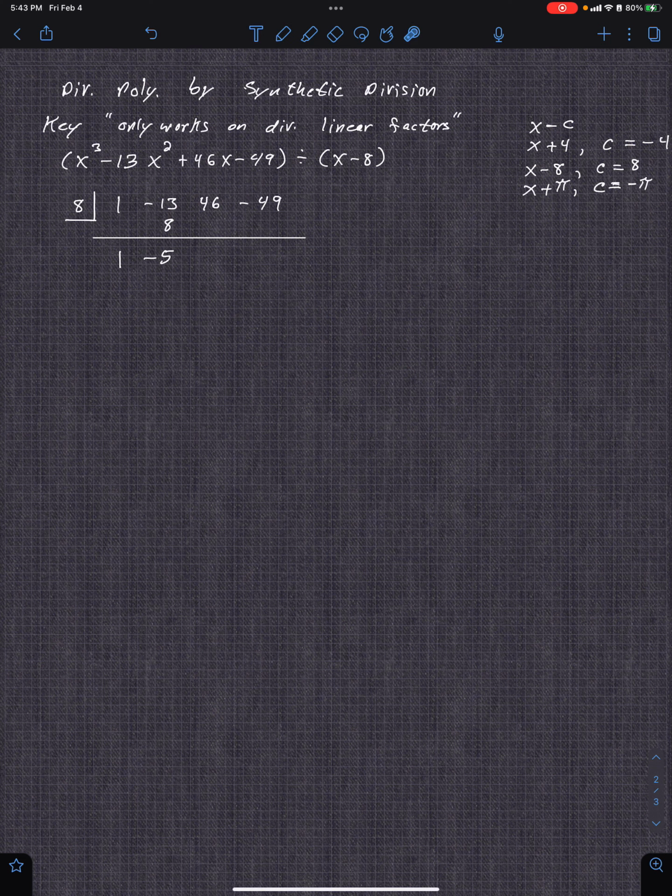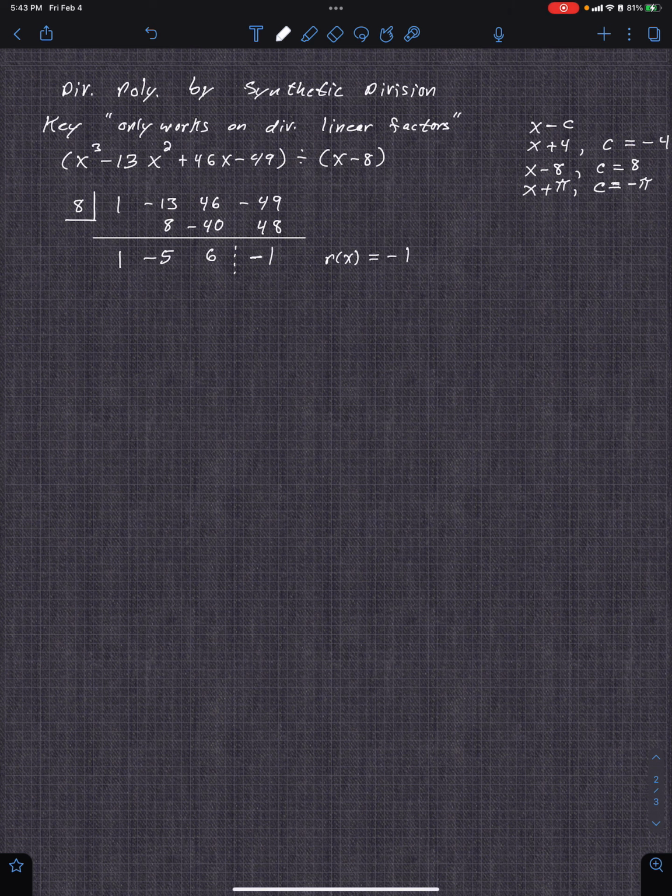And then you do it again, 8 times negative 5 and put it here, which is negative 40. And then you add. Now the last one is going to be your remainder. So 8 times 6 is 48, and you add and put it there. So your remainder, r of x, is negative 1.